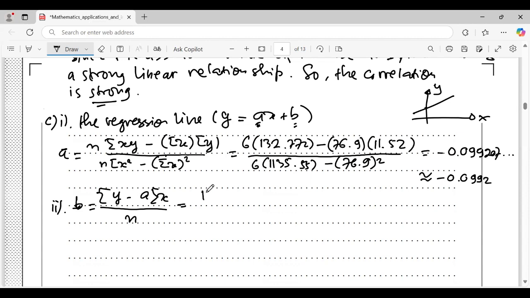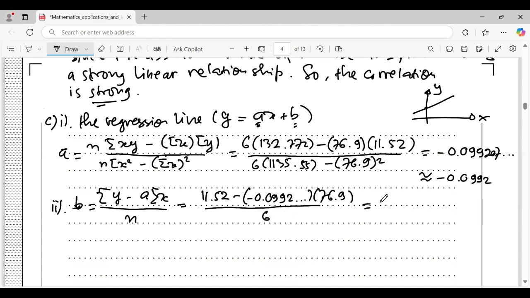Sigma y is 11.52 minus, sorry, minus A. A is minus 0.0992, this one, 99207 and so on, times 76.9, over 6.